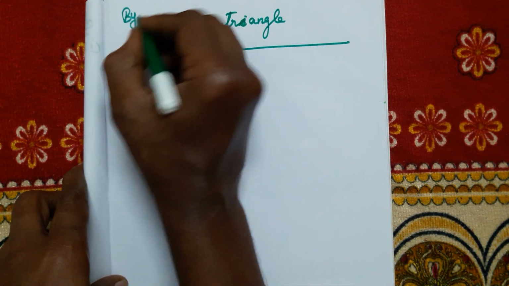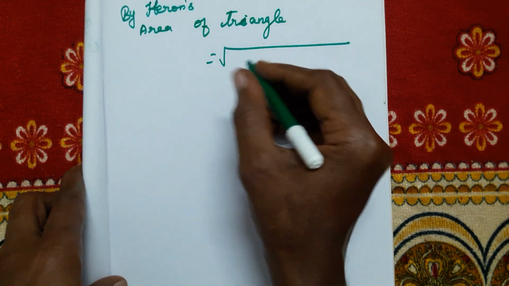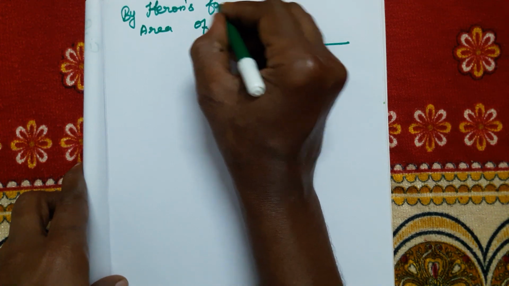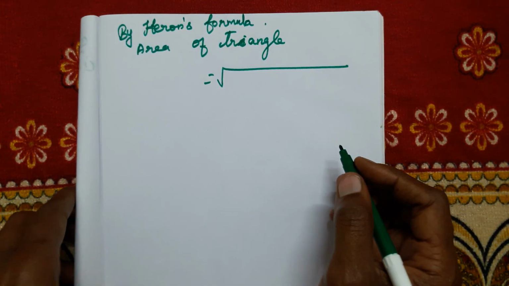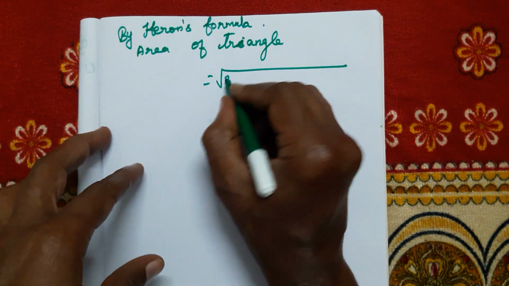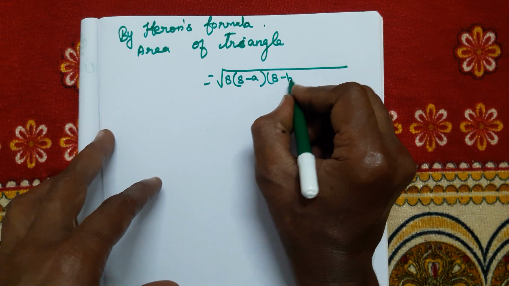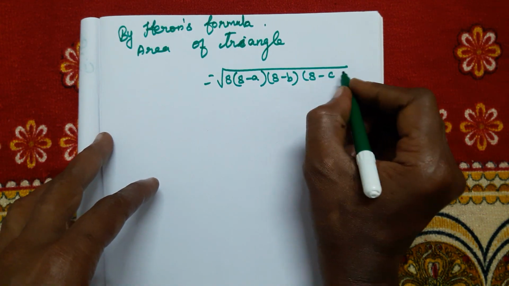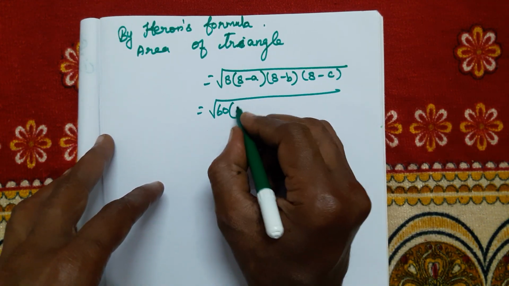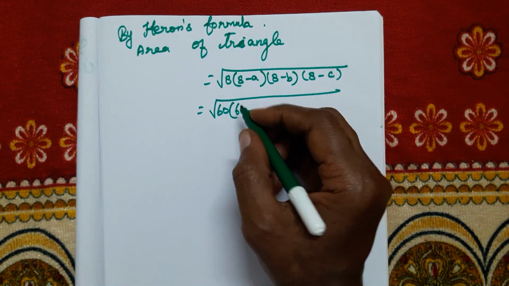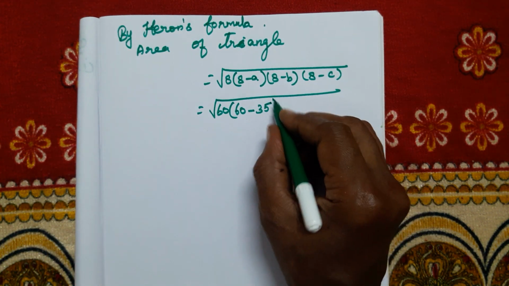By Heron's formula, root of S into S minus A into S minus B into S minus C. What is S? S in place 60. Here 60 minus, what is A? 35 meter. Next, what is B?